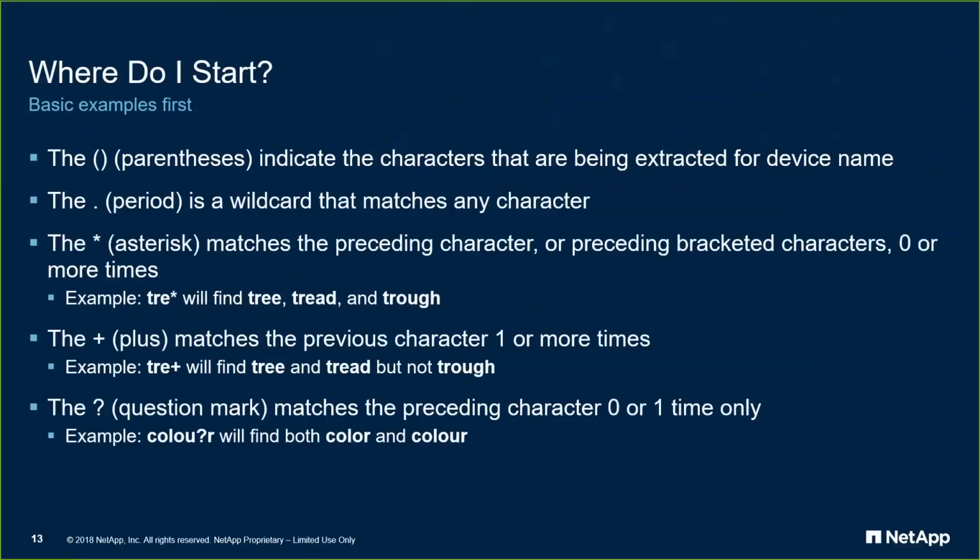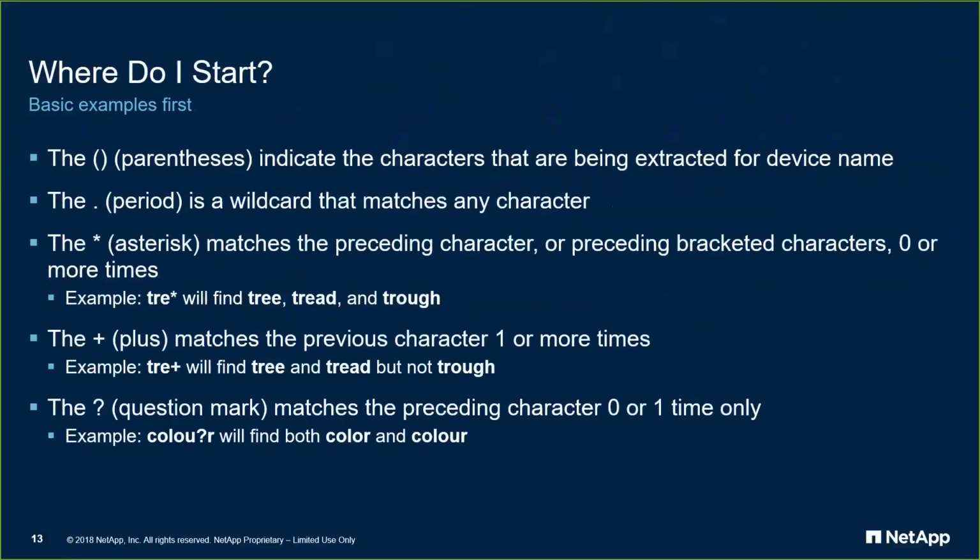The period, this is a wildcard that's going to match any character. The asterisk is going to match the preceding character, or I should say preceding bracketed characters, 0 or more times. So at a very, very high level, let's say, for example, we have this TRE asterisk.